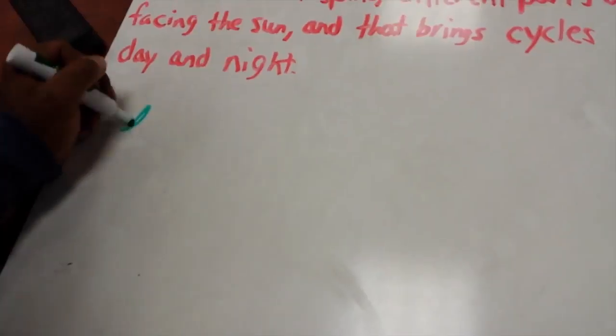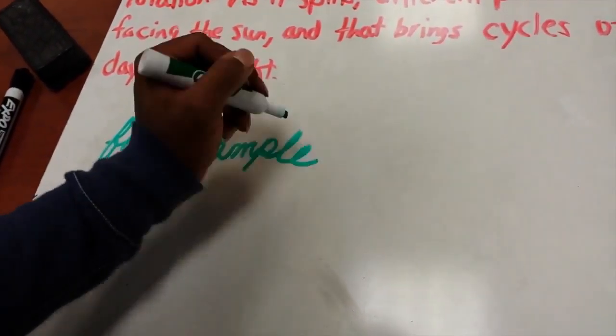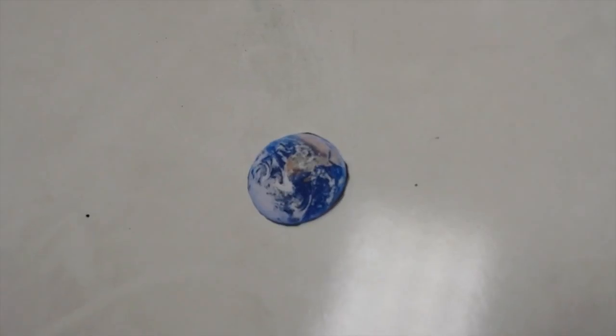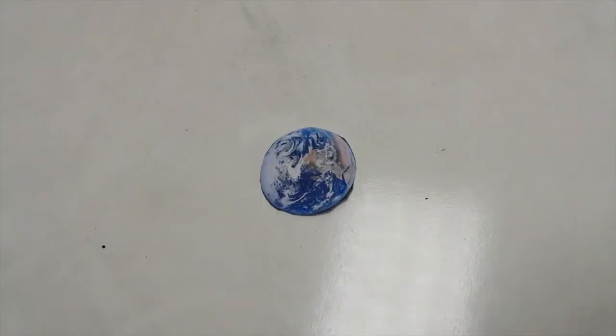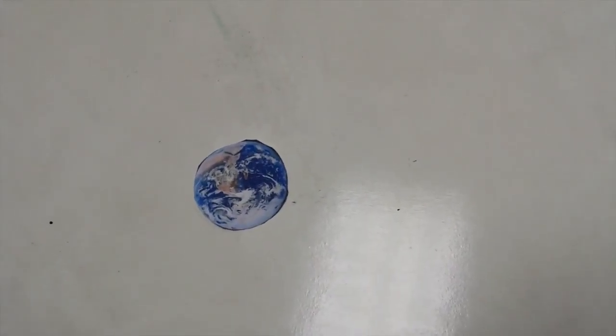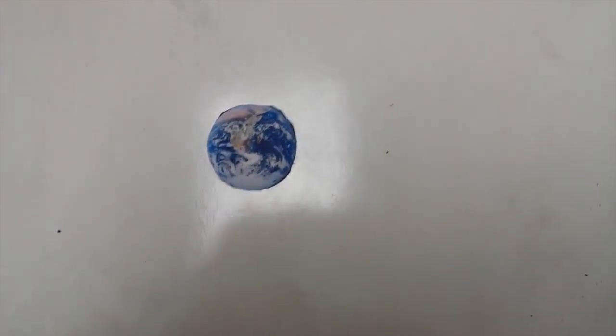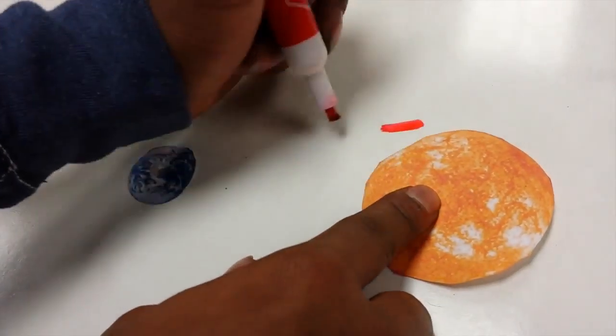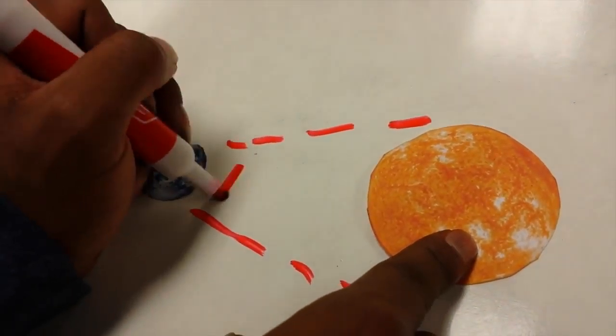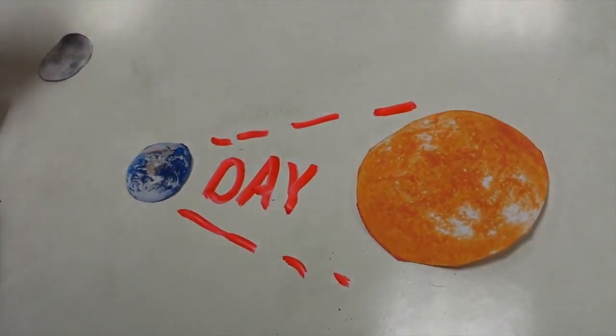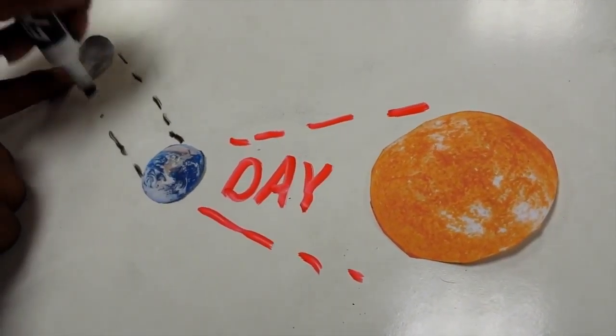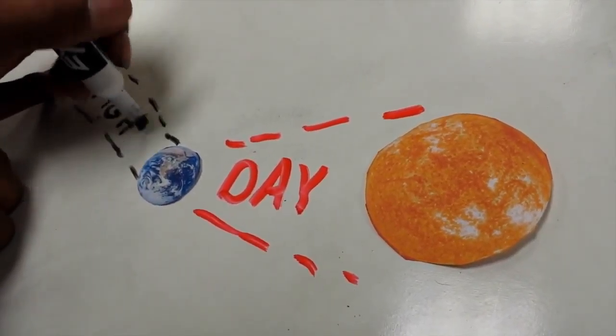Let's see in the example. So here we have the Earth rotating. It doesn't exactly rotate like this, but we didn't have a 3D model. So now, as you can see, the side facing the sun is day, and the side facing away is night.